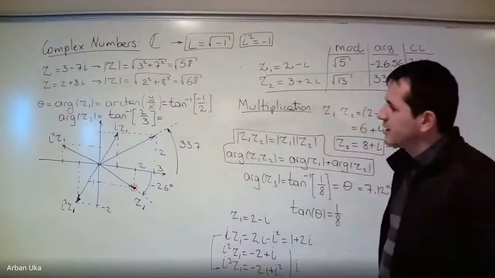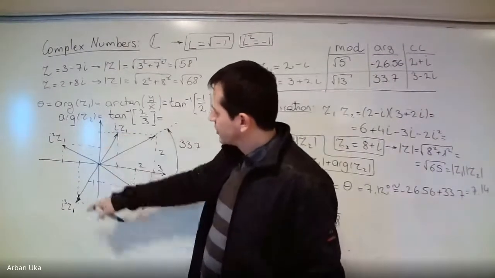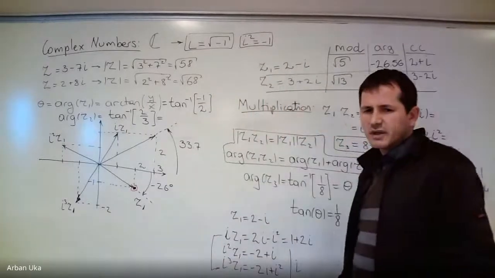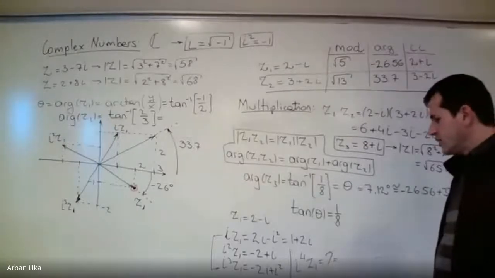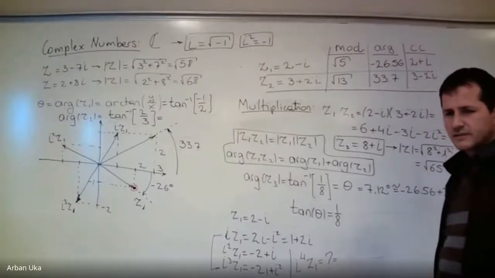So we multiply by minus 1, which means this vector will be overturned. Each time we multiply by i, we rotate by plus 90 degrees.